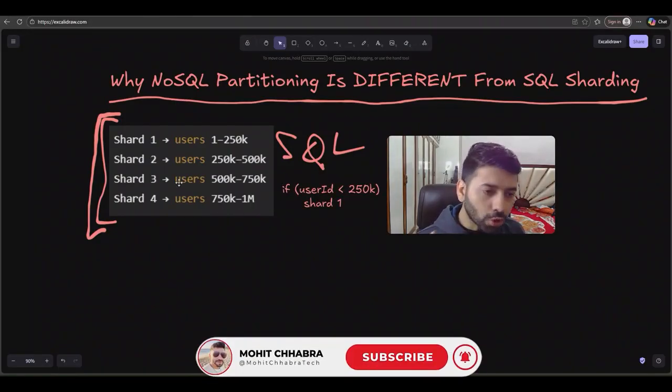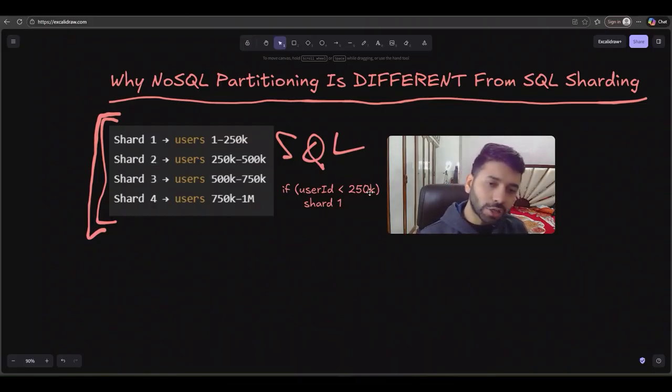And similarly, we would put in all the cases and select the shard accordingly, and that is handled on the application layer, in the code that we write. So the basic point is the database is not aware of this logic. It's the app which decides where the user data should go. So each shard represents a complete database on a different machine, and the logic of which shard is selected is handled at the application layer.